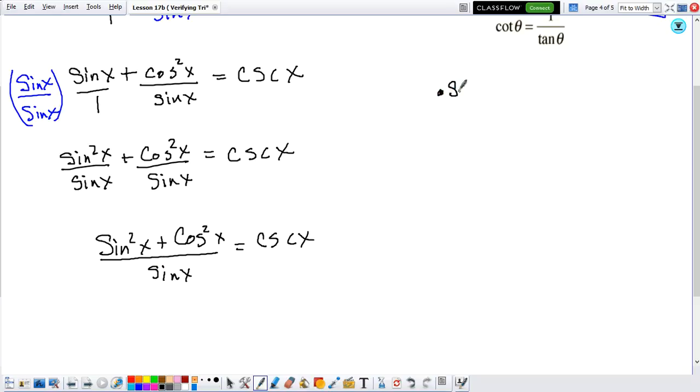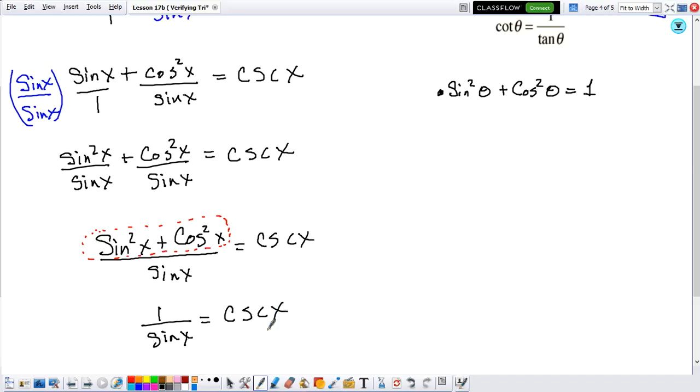There's a Pythagorean identity that says sine square plus cosine square equals 1. If you see sine square plus cosine square, you can substitute it with the 1, which is exactly what we have here. So now we have 1 over sine of x equals cosecant of x.